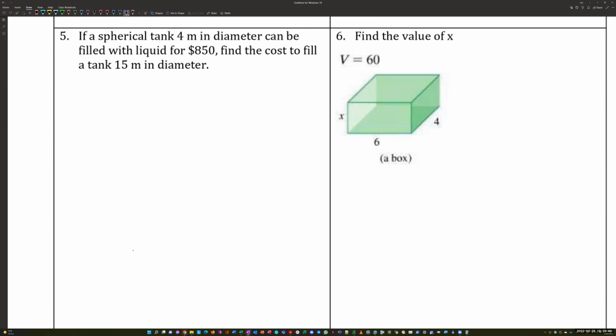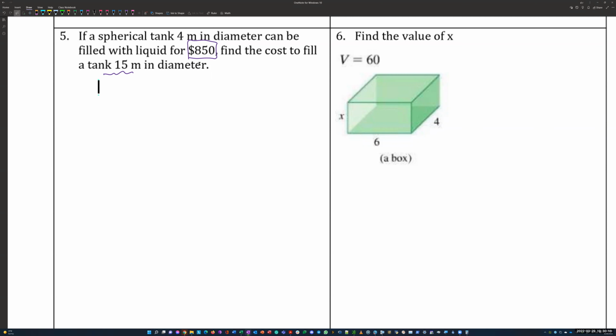They tell me that they have some tank and it's going to end up costing $850 to fill that tank. And then we want to fill some other tank. Well, I need to find the volume of both tanks. Then I just need to see how many of these original tanks fit into the new one. If there's 3 of them, then it's 3 times 850 or something like that. Does that make sense?